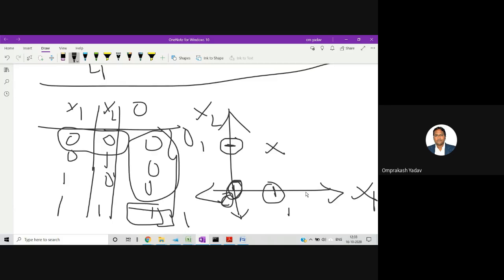And if we are able to separate both classes with a single straight decision line, then this problem is called a linear separable problem. For example, we can separate this by a single straight line like this, and this line is called a decision boundary.